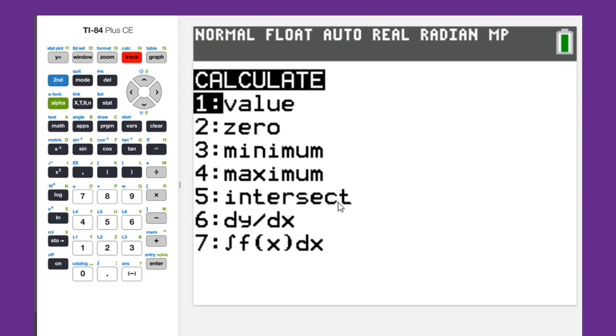For example, when you want to figure out the solution of a system of equations, you can use this button to figure out that solution. And also, you can figure out the derivative and the integral of functions. So this button, second trace, the calculate button, is very, very useful.